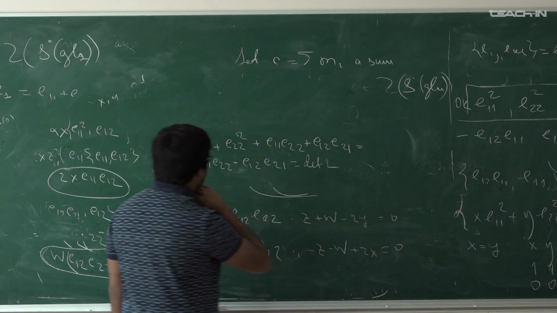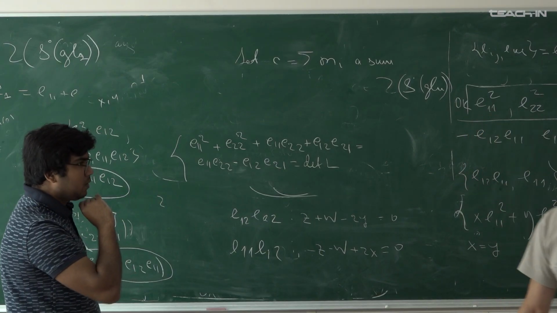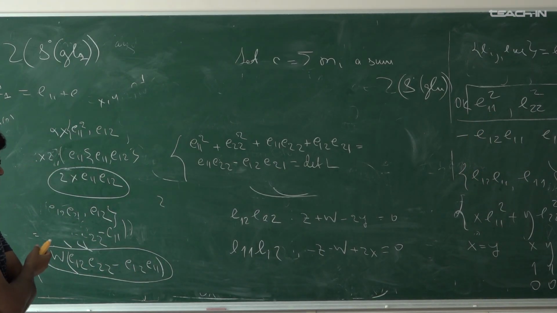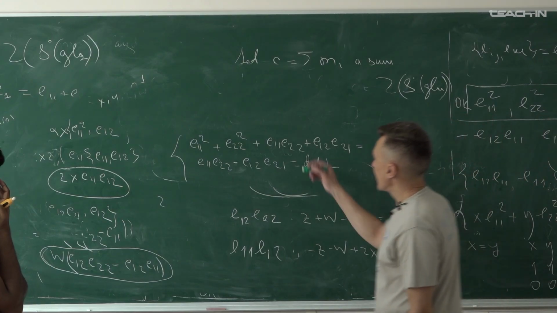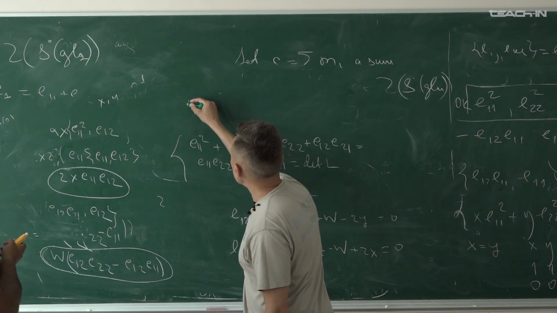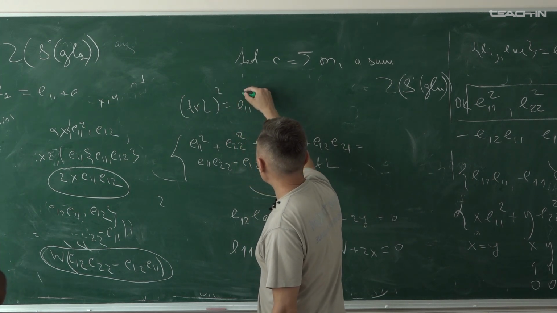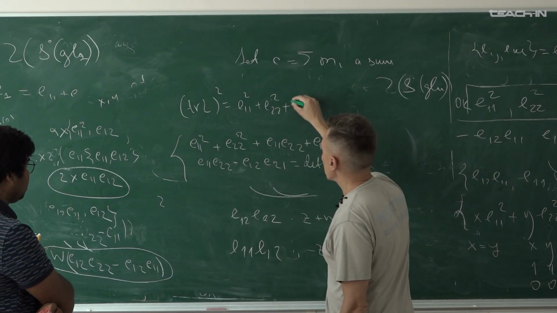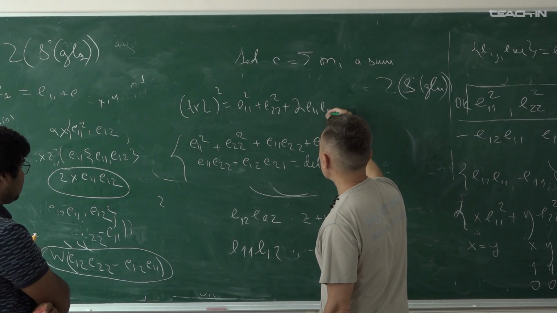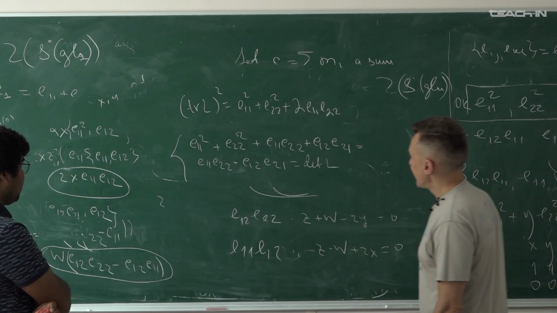There is some subtlety here. What is the trace of L squared? It is E11 plus E22 squared plus what? 2 E11 E22. Yes, but we have something different over here.